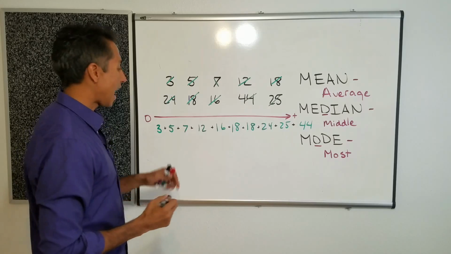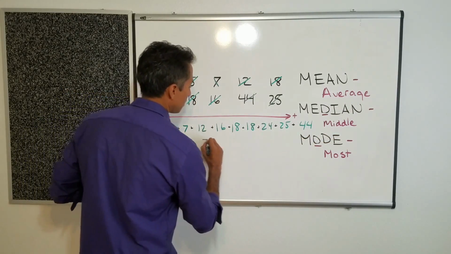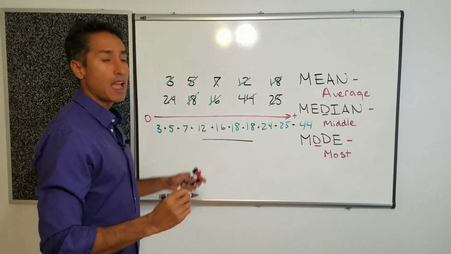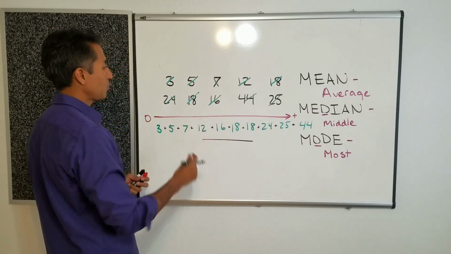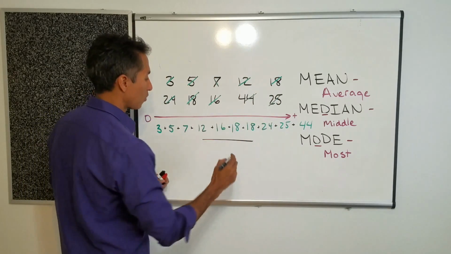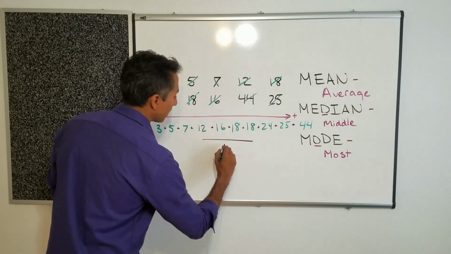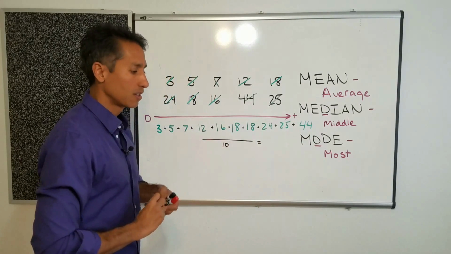You add up all of these numbers that you were given, and then you divide by however many numbers you started with. In this case, we had 10 numbers, so we divide this big number by 10 to get the average.